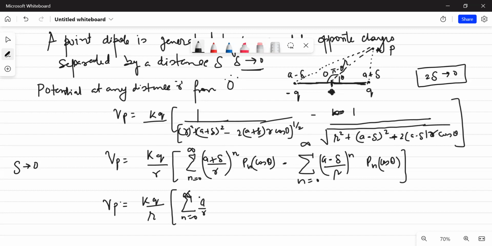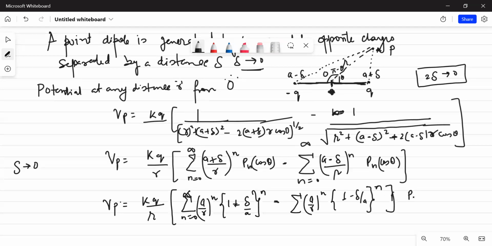So if I take A upon R common out, then I have 1 plus, I think this would be del over A, isn't it? So this is del over A, and this will be n all over, and then minus summation. Again, I'll take A upon R common here. So I'll get 1 minus del upon A raised to power n, and then I'll take this common bracket and I'll write Pn cos theta. Is that clear?